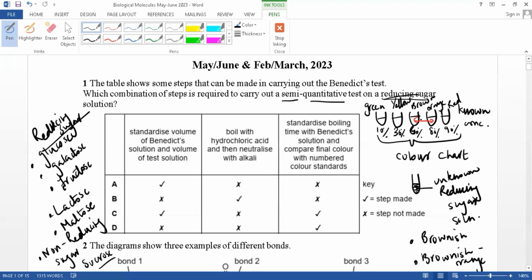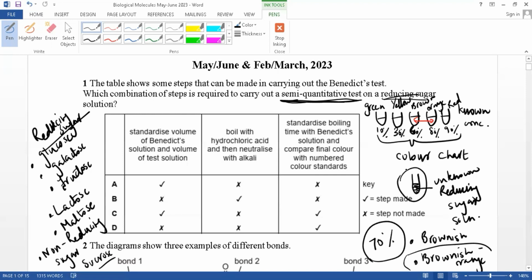So my unknown concentration is giving me brownish orange color, which lies between brown and orange, so its concentration lies somewhere between 60 and 80. I can simply estimate, I'm not sure, that it is about 70% reducing sugar solution.